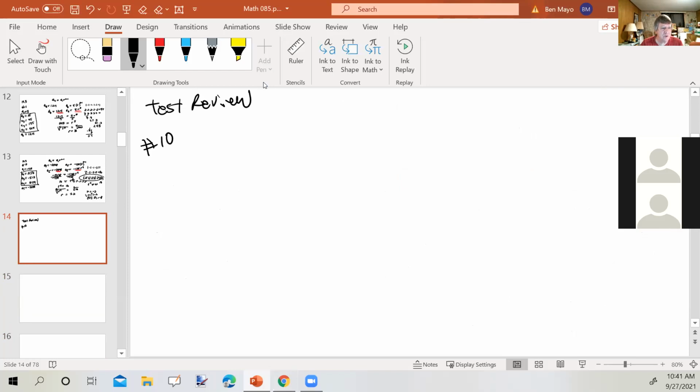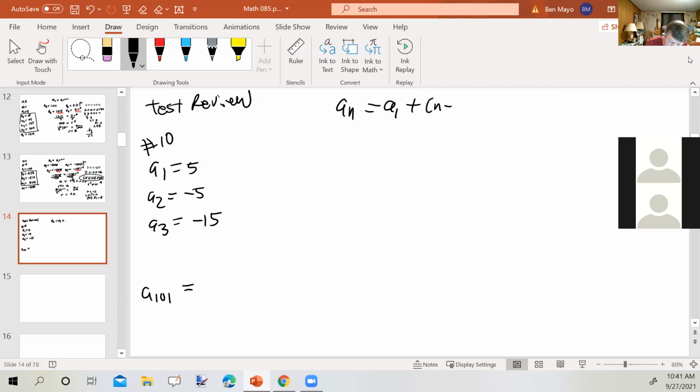It says the first three terms of an arithmetic sequence are 5, -5, and -15. Find the 101st term. Now, since this is an arithmetic sequence, we're going to use the formula a sub n equals a sub 1 plus n minus 1 times d.